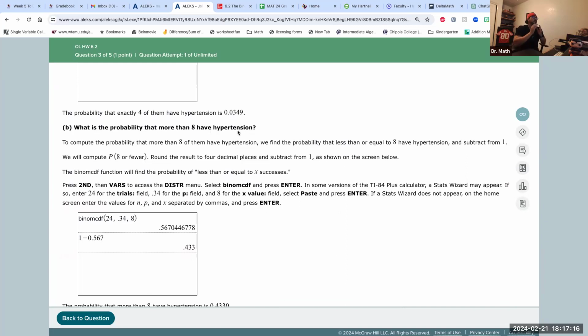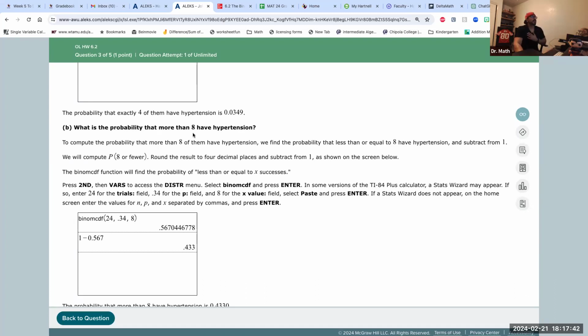So notice more than 8, that could be 9 of them. That could be 10 of them. It could be 11, 12, all the way up to all 24, right? So now we have more than one x value, right? So luckily, we don't have to do every single one individually. There's a shortcut, okay?